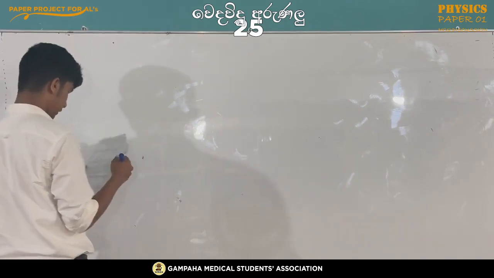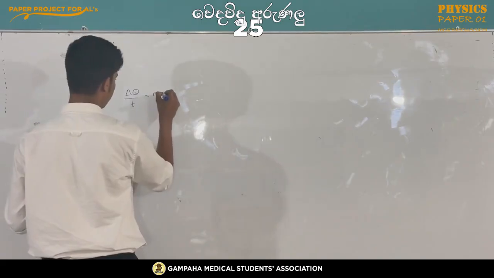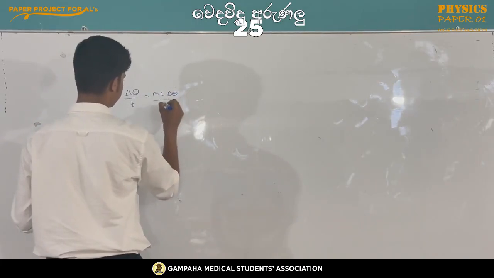We know that delta Q over t equals m c delta theta over t.